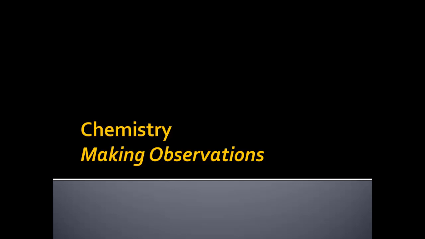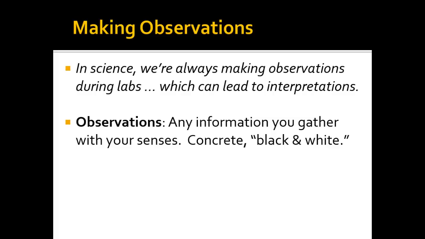So we'll start out with the difference between observations and interpretations first. So what is an observation? An observation is basic information that you gather with your senses. It could be a smell, it could be a measurement with a number involved, it could be a color that you see, but it's going to be something fairly concrete or black and white.